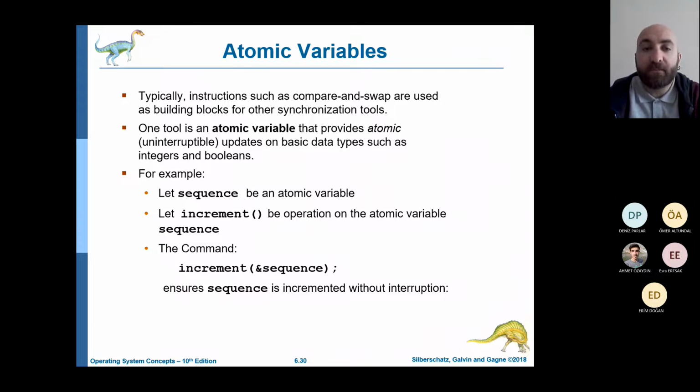Most systems that support atomic variables provide special atomic data types as well as functions for accessing and manipulating atomic variables. These functions are often implemented using compare and swap operations. As an example, let sequence here be an atomic variable and let increment here be the operation on the atomic variable sequence.